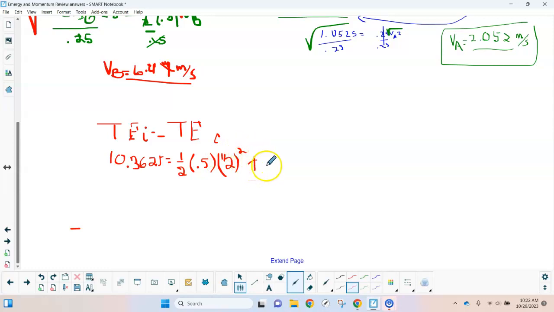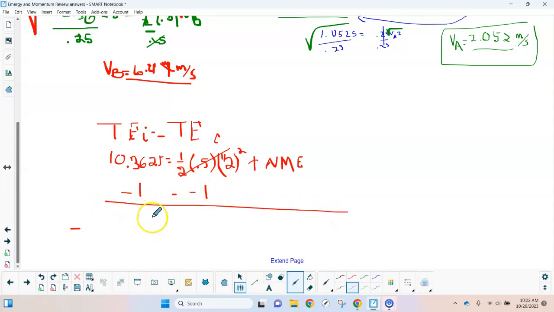And then whatever the difference is is just this non-mechanical energy. So if you do this calculation here, this amount is just 1. So half. 2 squared is 4. 4 times a half is 2. Times another half is 1. So you're basically going to subtract 1 from both sides here. And get your answer.